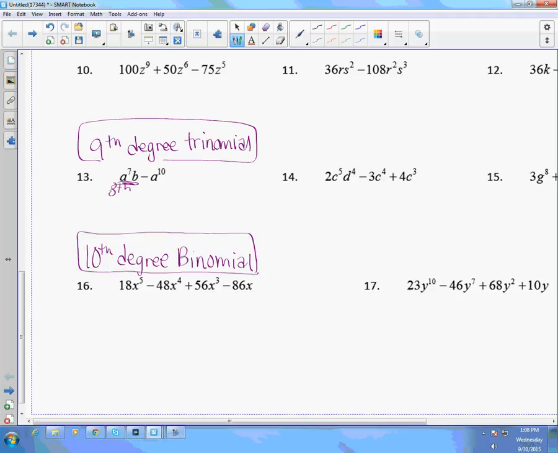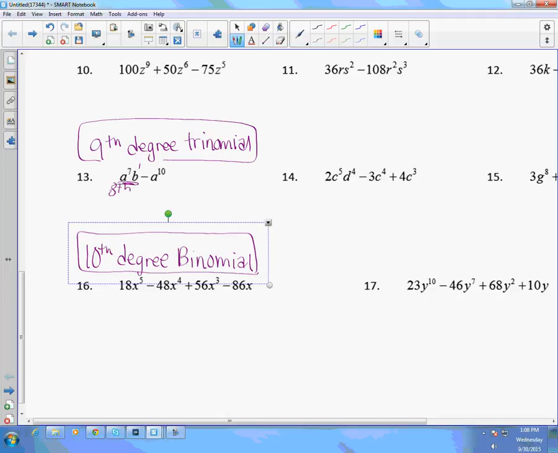Questions on that? A was the 7th power, B was the first power. So together, that term is 7 plus 1, which is 8. But the 8 is not the highest power. It's called the 10th degree because that's the highest power.